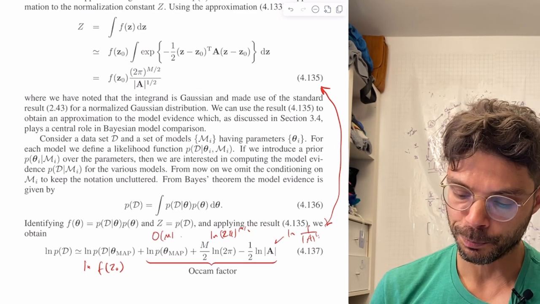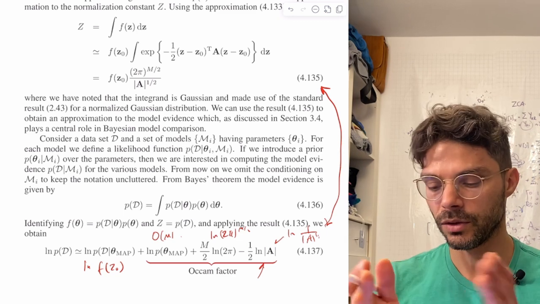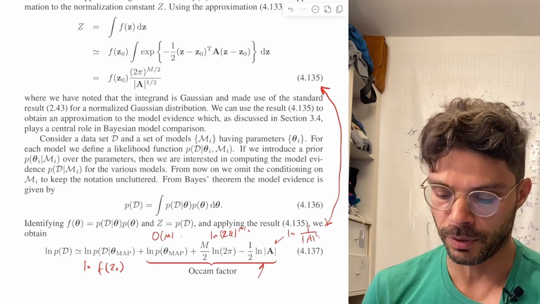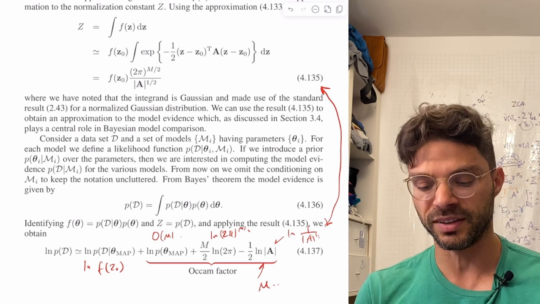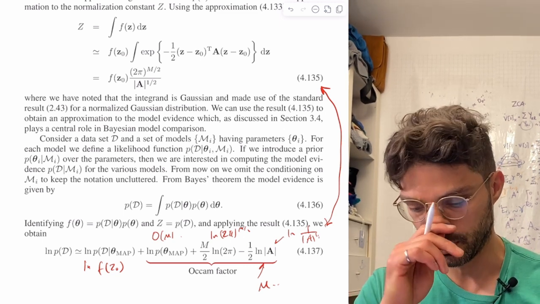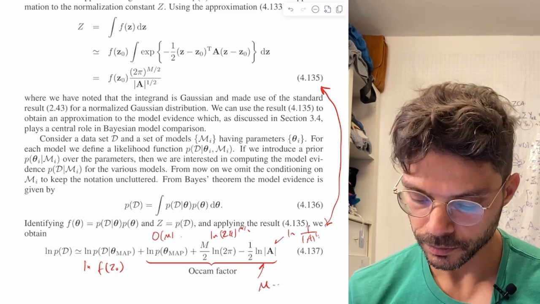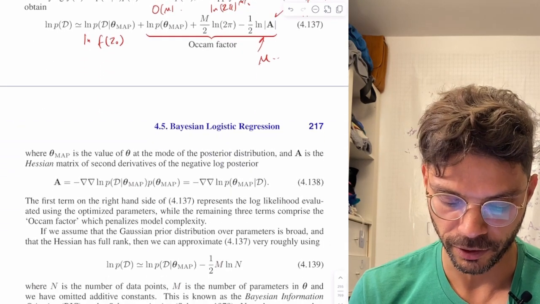And this term will also be m times something, so it scales with, and gets larger with, the number of parameters, which suggests it's a complexity term.